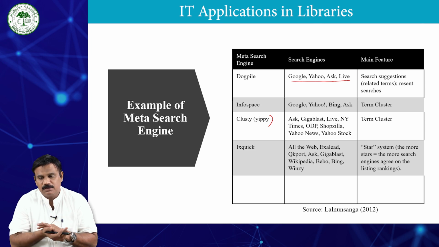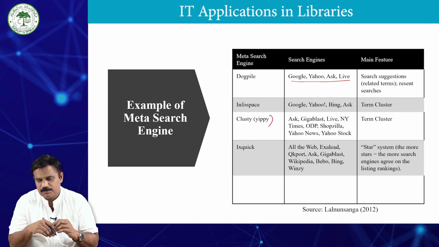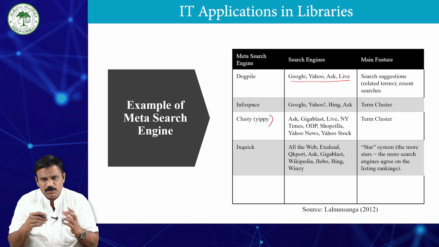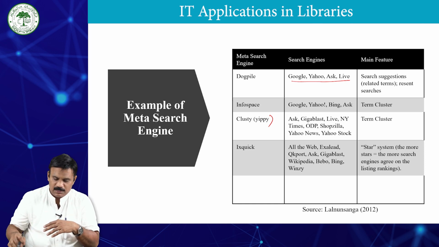On the other hand, the main feature of Ixquick is its star system. The more stars, the more search engines agree on the listing rankings. These are some examples of meta search engines.